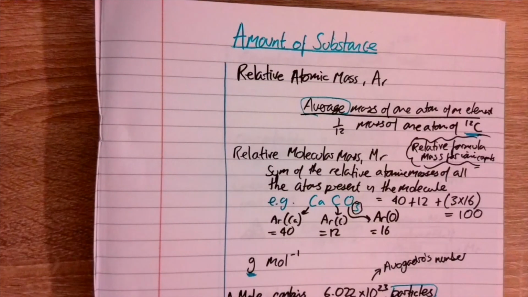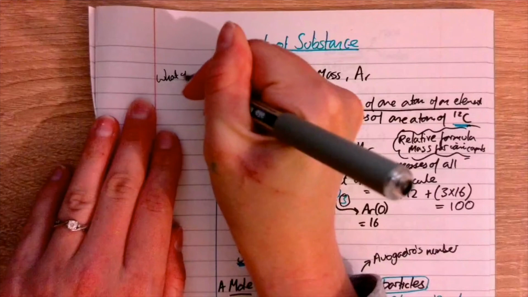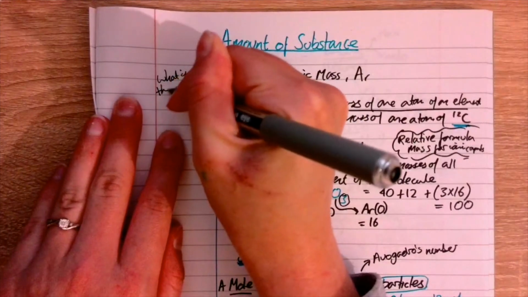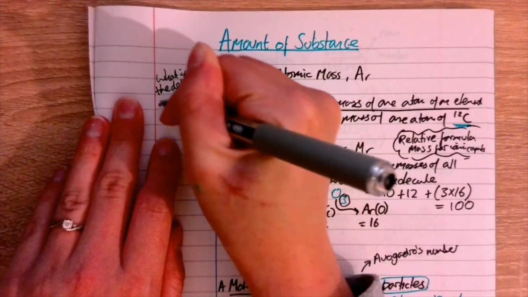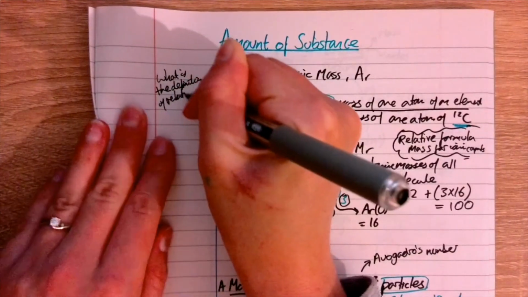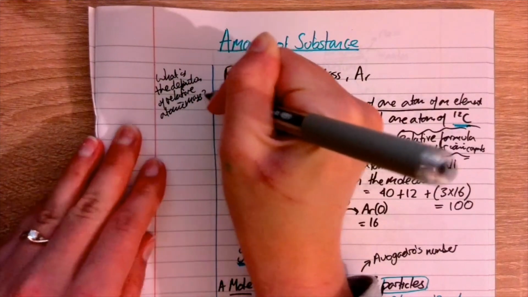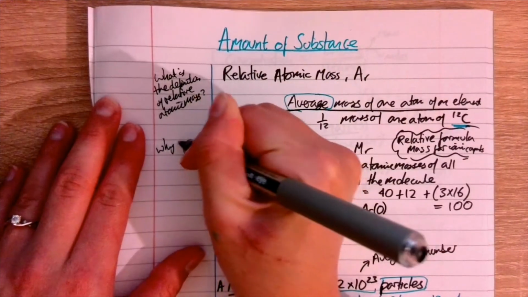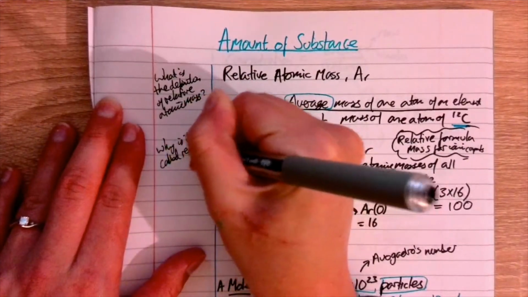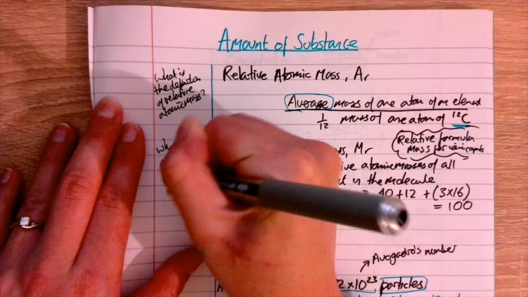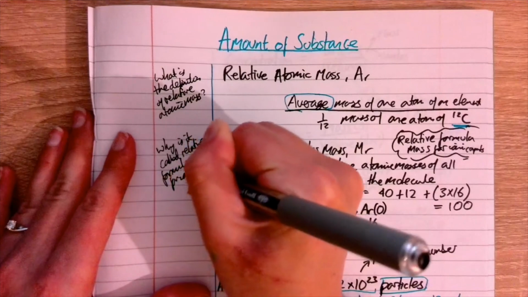Okay, just to recap what we've covered in this video. So we've looked at what is the definition of relative atomic mass. Why is it called relative formula mass for ionic compounds?